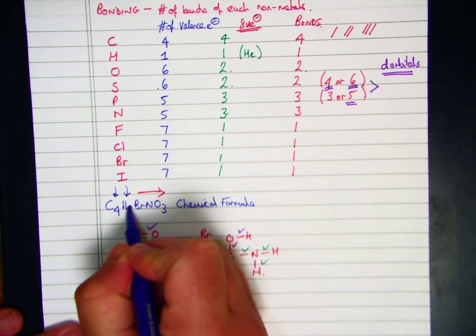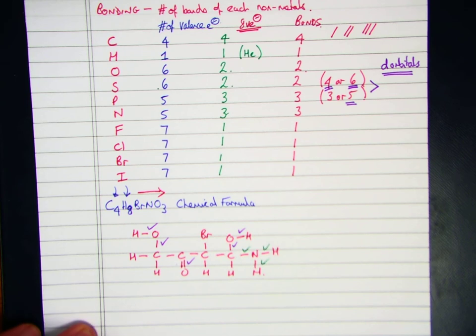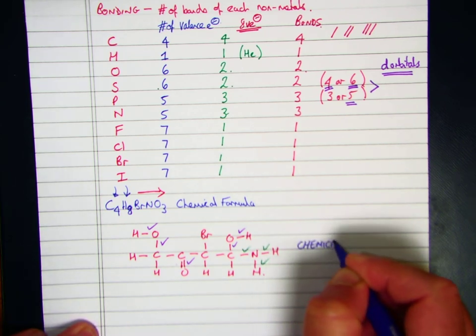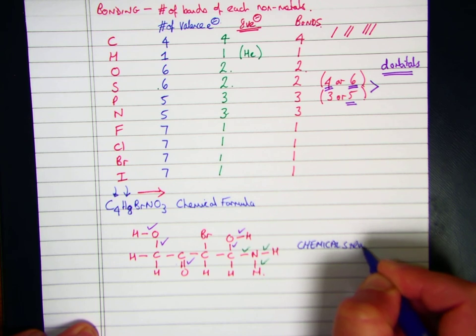Apologize, that should be 8, sorry. So that's our chemical structure. So this is an example of a chemical structure.